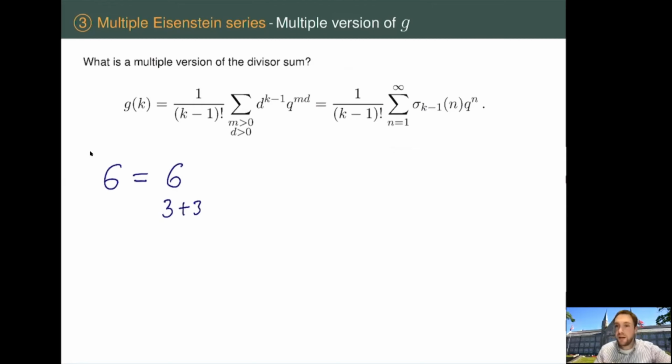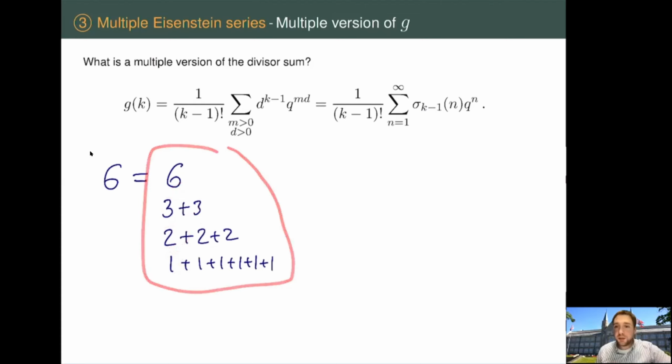So 3 is a divisor, and also 2, so 2 plus 2 plus 2, or also 1 plus 1 plus 1 plus 1. So this is a stupid way to write down the divisors of 6. So I can see here 6, 3, 2, and 1.